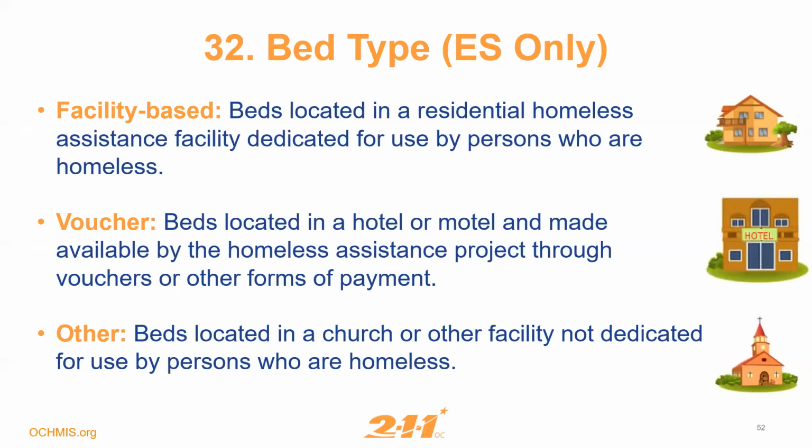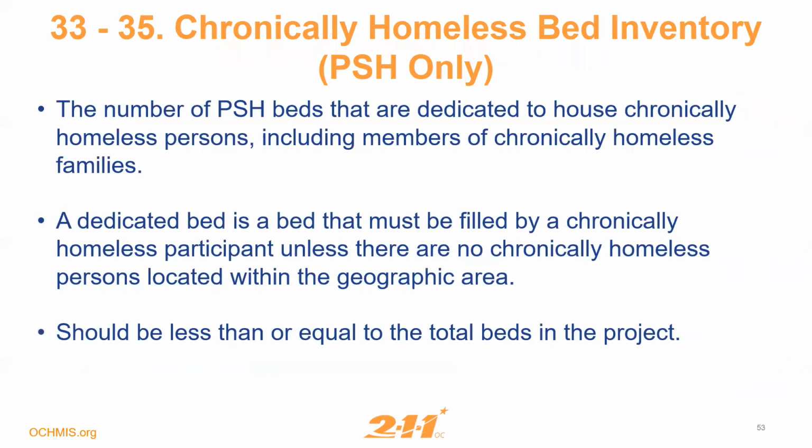So now we're getting into a subsection. These questions are asking for more detail about how those beds that you reported in 20 through 23 are used. So 33 through 35 asks about your chronically homeless bed inventory, and this is a section that should only be answered by permanent supportive housing projects.